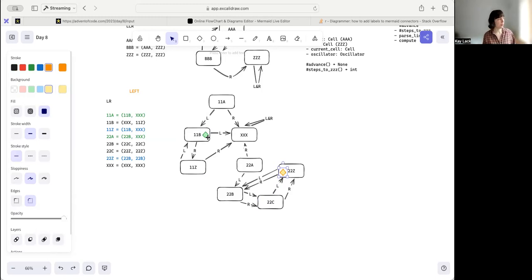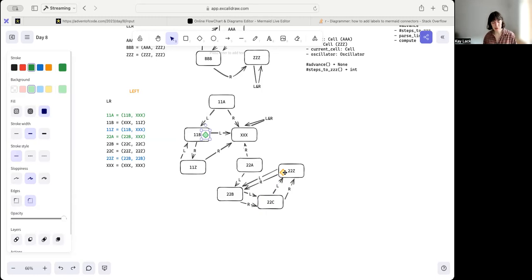Oh, okay. I'm starting to get an idea now. We can keep track of the Zs. When we hit a Z, that's when we really care.